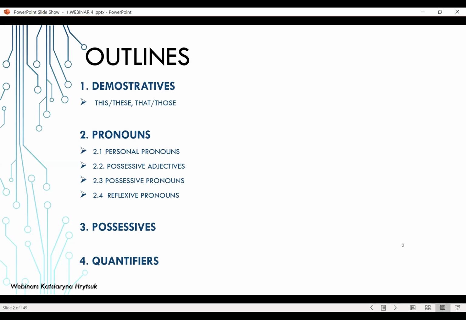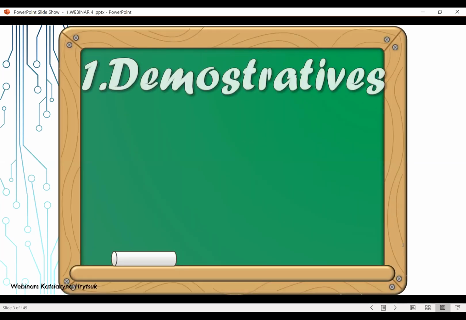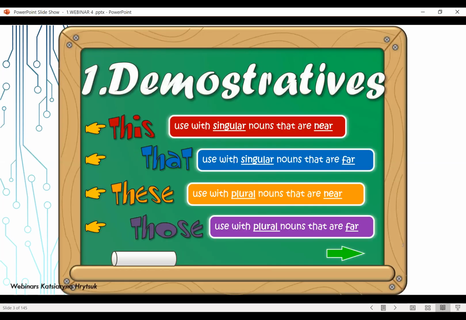Okay, so demonstratives, 4 of them: this, that, these, and those. So this is something we talk about that is singular and near you. Okay, so it's singular and near. You see how I place the fingers.